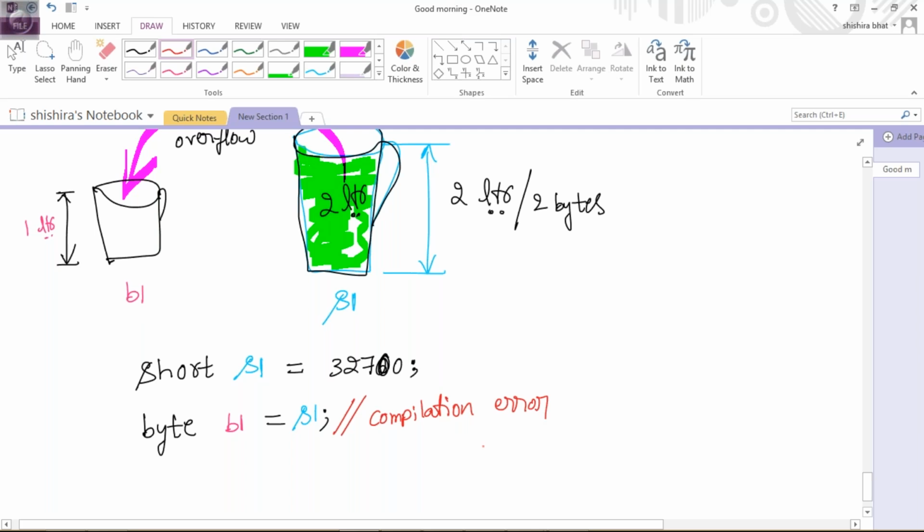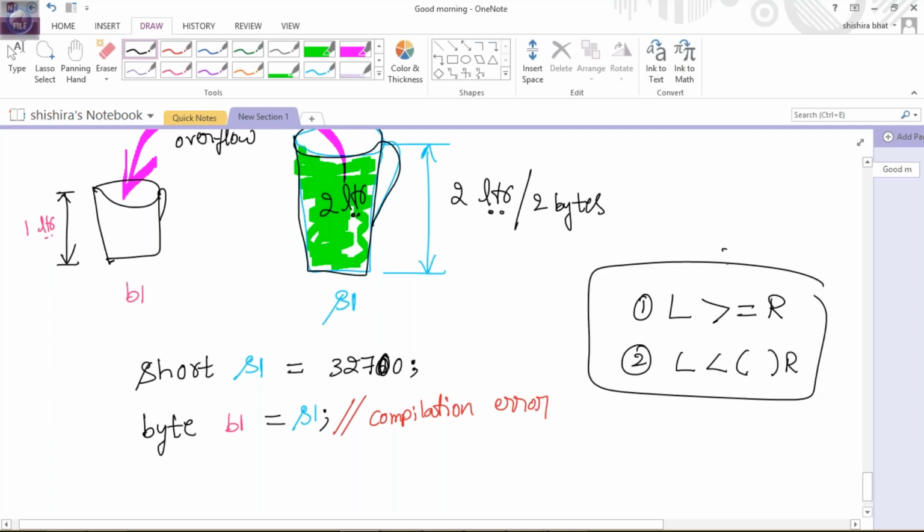Compiler is a software which goes with a rule. What is the rule? Rule number one, very important. Rule number one: left side should be greater than or equal to right side. The rule number two: if left side is smaller than right side, you should go for casting. These are all the two rules. All right. So now observe. What is the data type of S1? Data type of S1 is short.